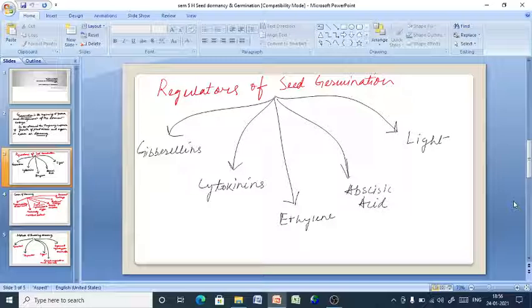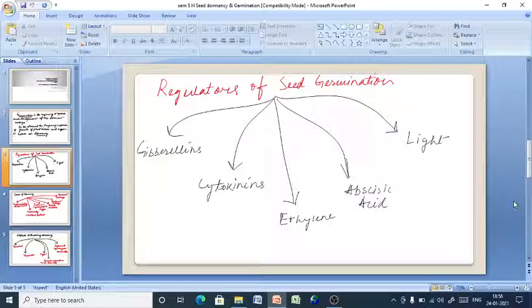ABA also inhibits GA-induced hydrolase synthesis in barley aleurone layers. In this aspect, ABA might depress a regulator gene or interact with a regulator RNA or protein to inhibit the translation of alpha-amylase RNA. So, it has been found that abscisic acid can suppress seed germination in some respects.